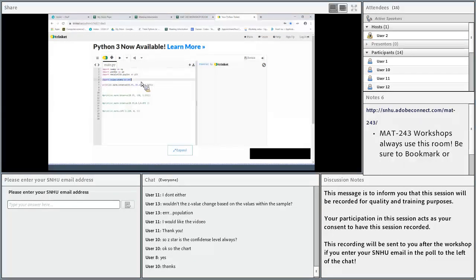So here we want to look at line number 7. Line number 5 has the import. Line number 7 has st.norm.interval, and I have the three values.